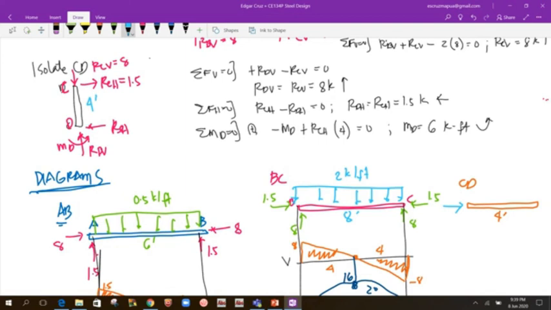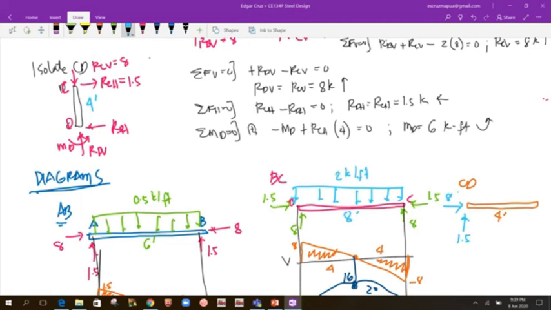Okay, so we have RDV. RDV is how much? RDV is 8. Tapos meron kang RDH rather. So, may RDH tayo rito. Ang RDH natin, ilan ba? 1.5.